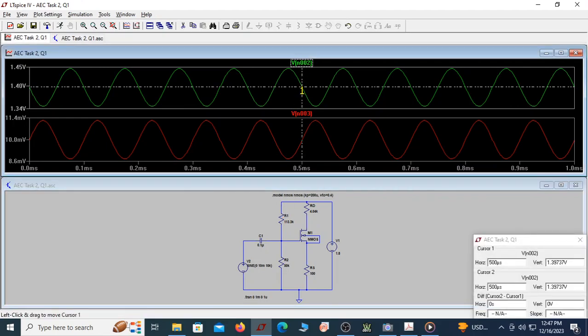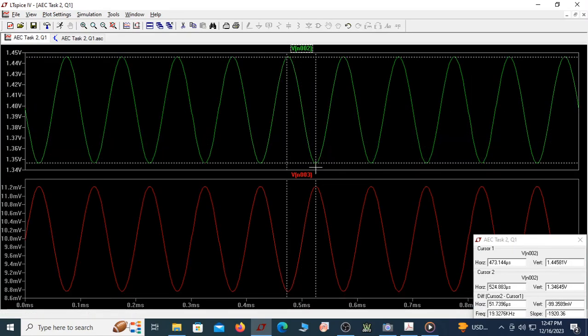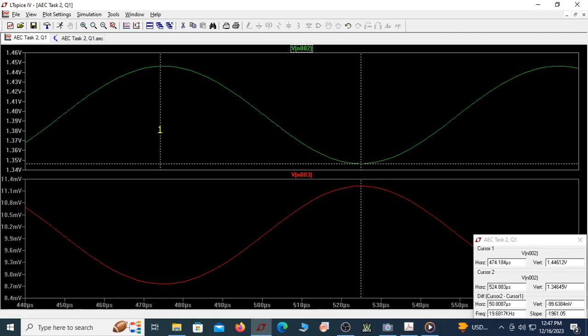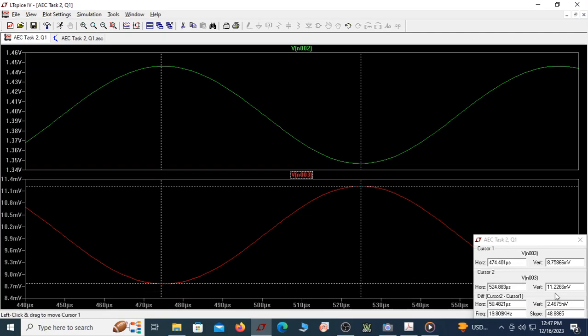If you see this peak to peak, I'm expecting a gain of 5. You can see it is out of phase. If you double click on this, I'll get the peak to peak of input.